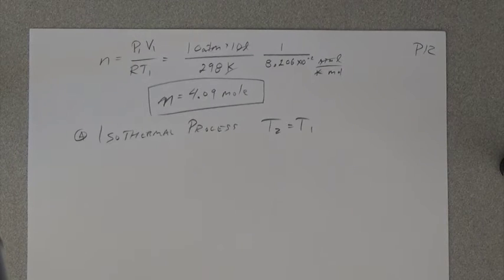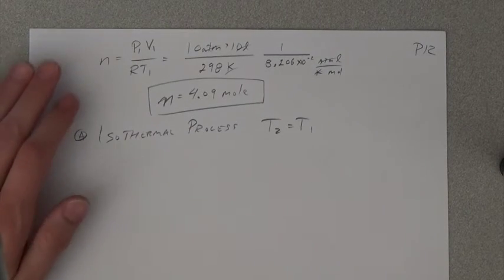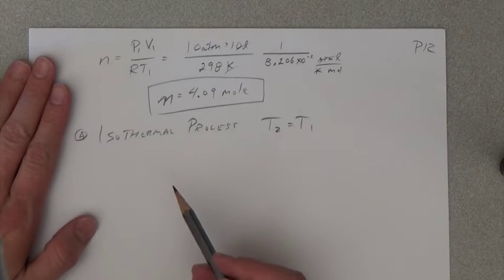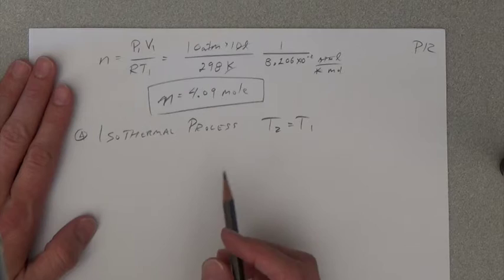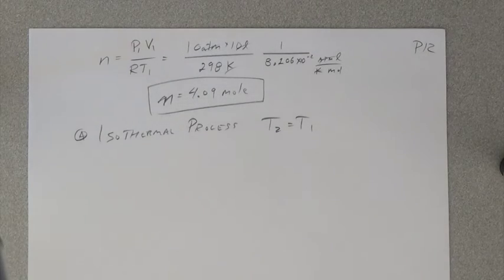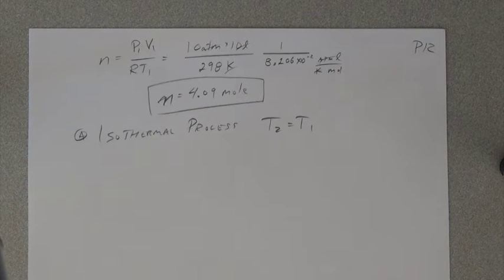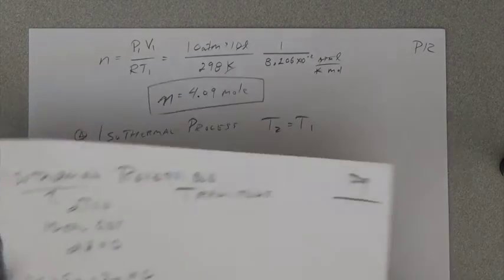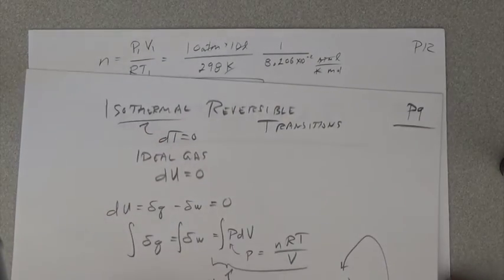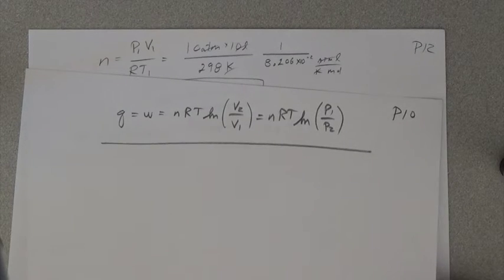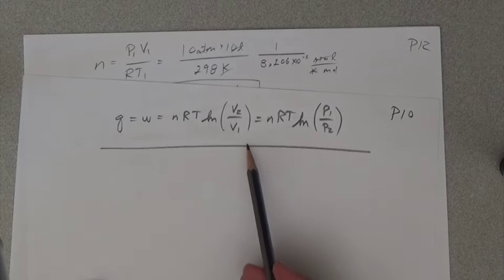And then if we look at the little derivation we had for isothermal reversible processes, in the notes here, here it is, we had this isothermal reversible transition, and we had this as the final consequence.